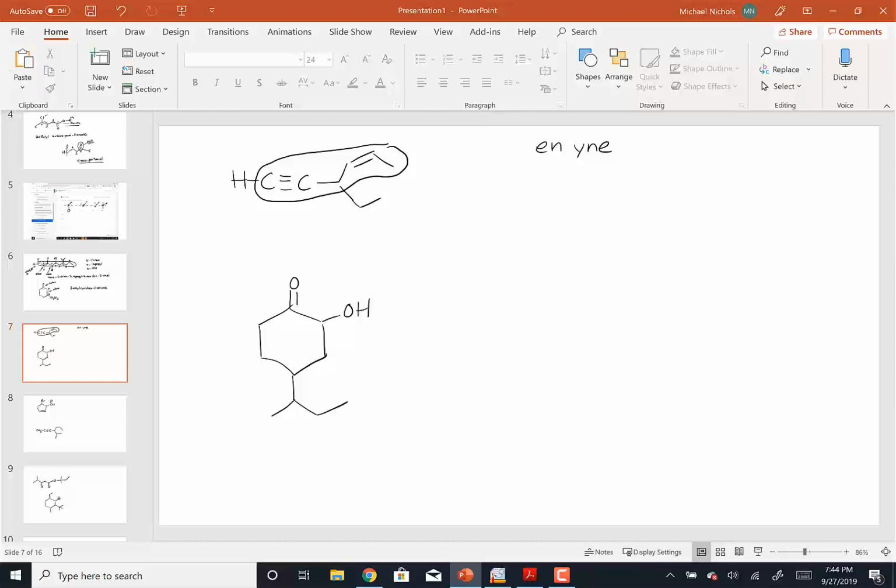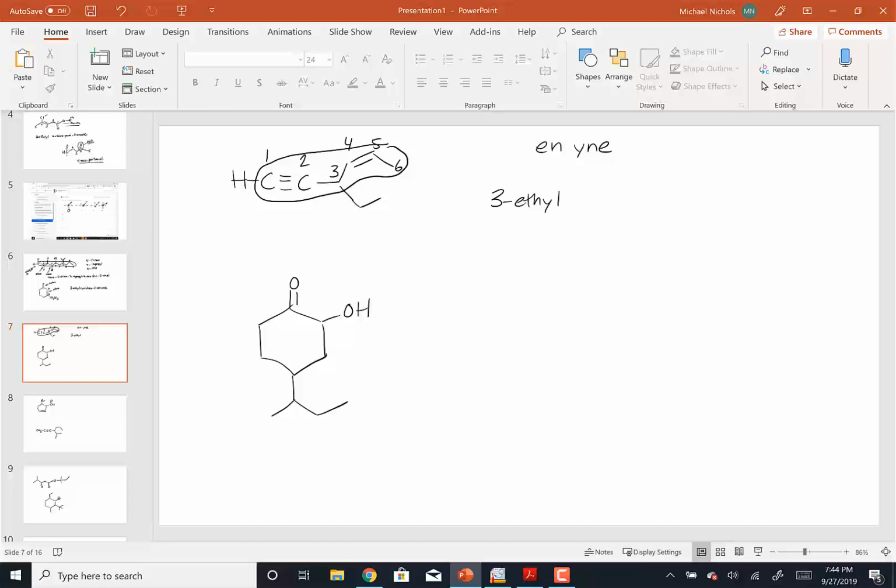However, if it was a tie, the tiebreaker would go to the double bond. So in this case, because the triple bond starts the chain, it's going to be 1, 2, 3, 4, 5, and 6. There is an ethyl substituent at 3, so this is going to be a 3-ethyl.